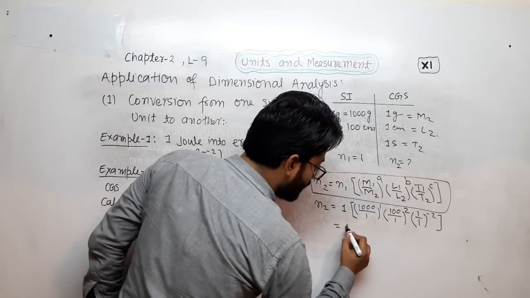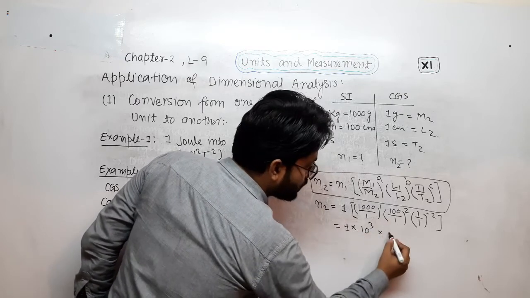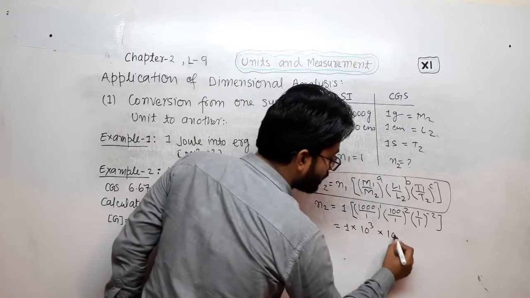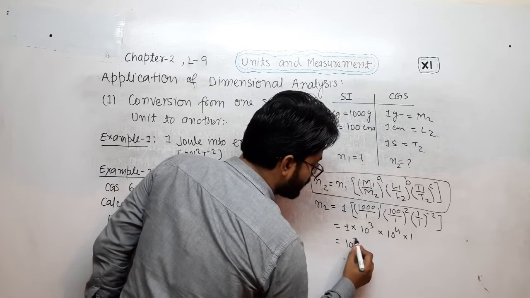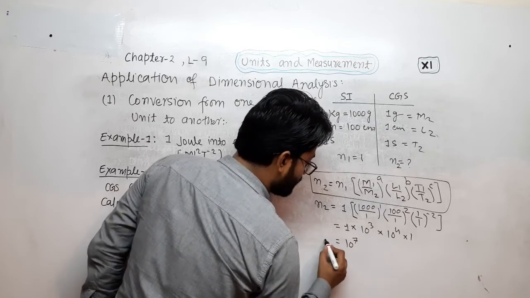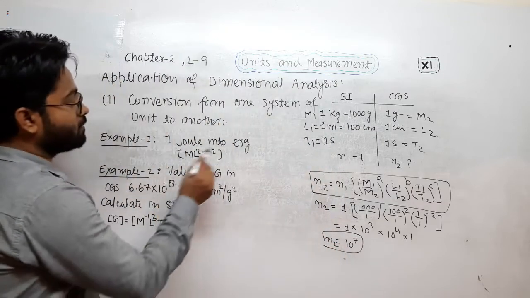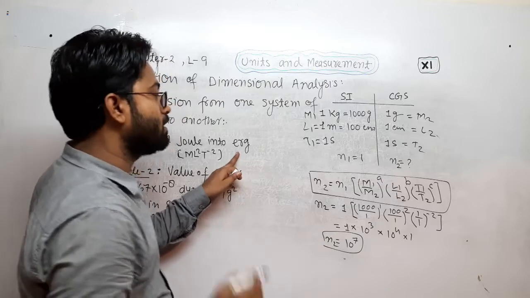On solving we will have 10 to the power 3 into 10 to the power 4 into 1, which is 10 to the power 7. It means N2 is equal to 10 to the power 7. We can say that 1 joule is equal to 10 to the power 7 erg.